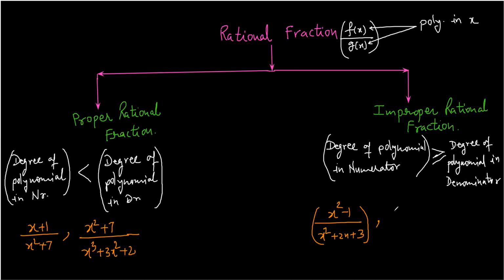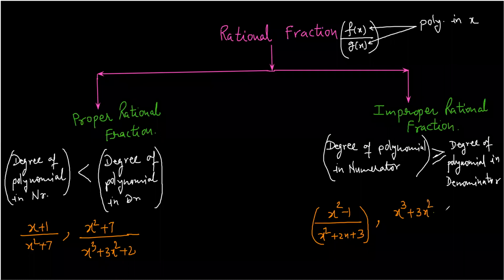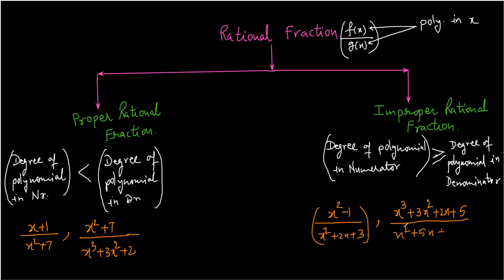If I have x cube plus 3x square plus 2x plus 5 upon x square plus 5x plus 6, this is also improper, because the degree of the numerator is greater than the degree of the denominator. So I have explained what a rational fraction is and its two different types. This concept is very important for learning the method of partial fraction for integration.